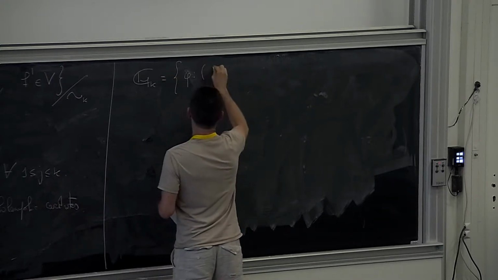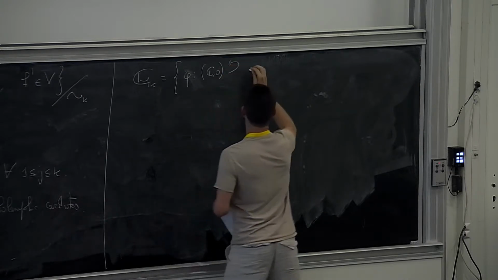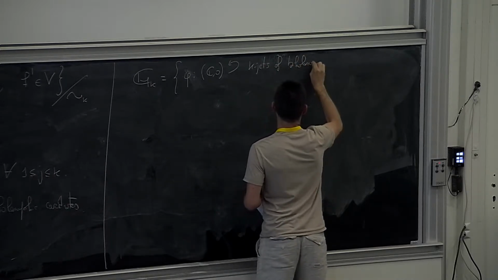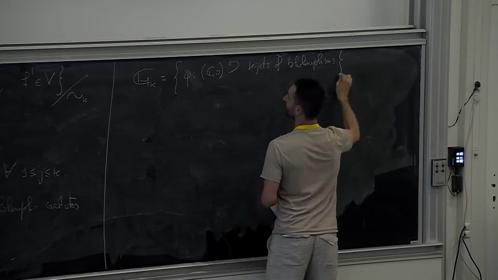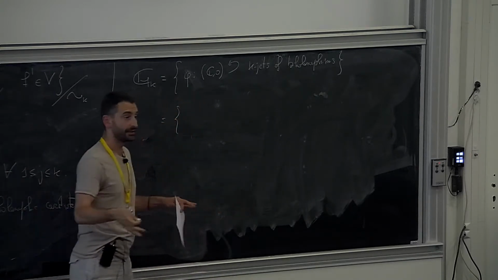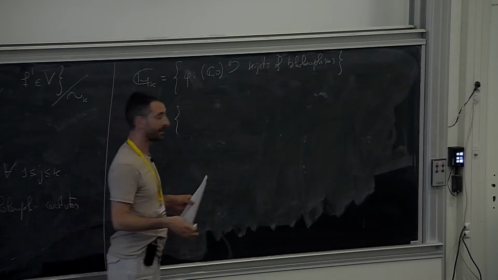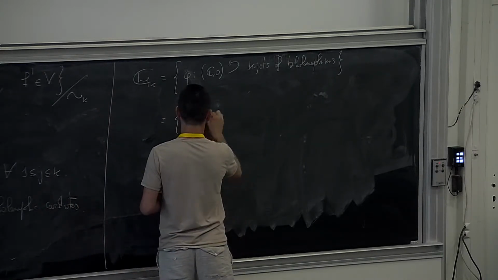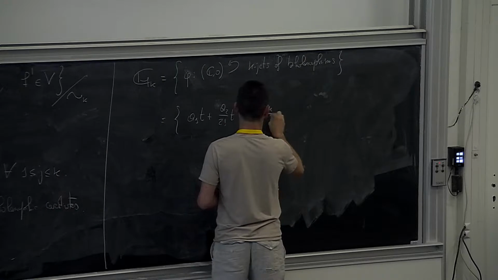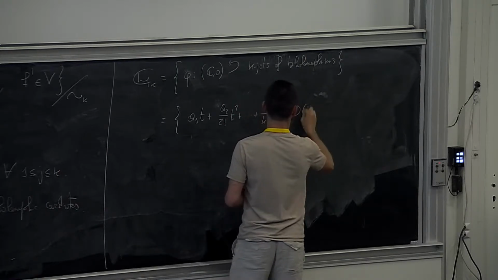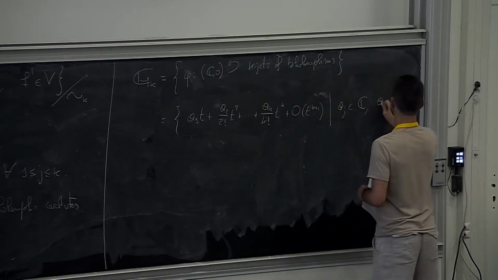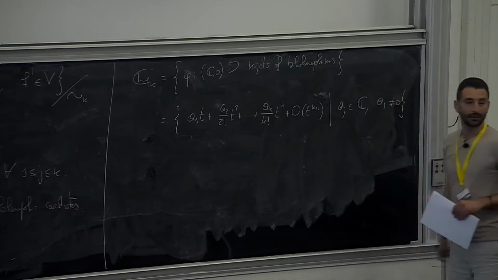I take the germs of biholomorphisms, which you can think about as power series in 0, polynomials of degree k of this form. Where you just require.